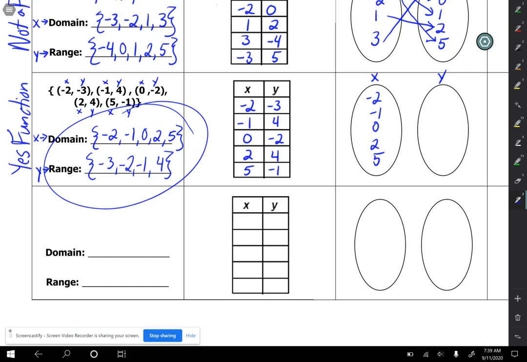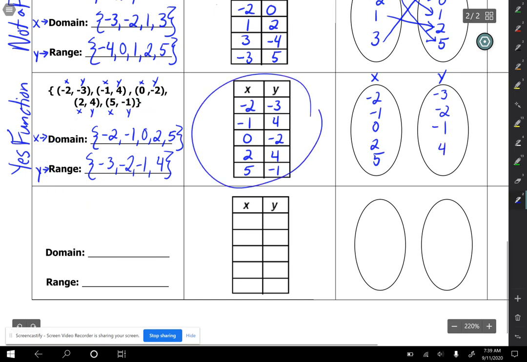All right, and then the range, I have -3, -2, -1, and 4. And then I use the table to tell me where to draw my arrows. So -2 goes to -3, -1 goes to 4, 0 goes to -2, 2 goes to 4, 5 goes to -1.